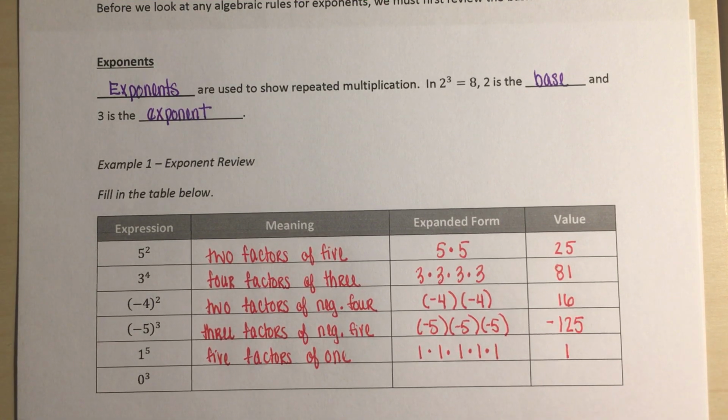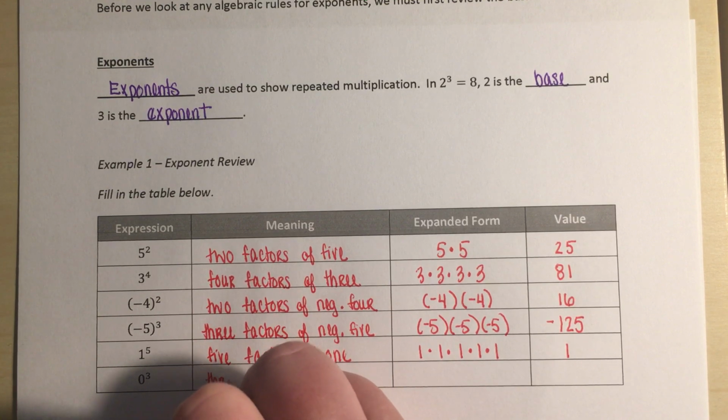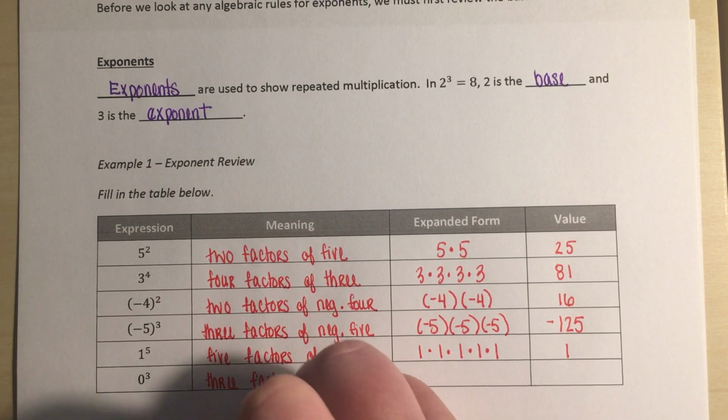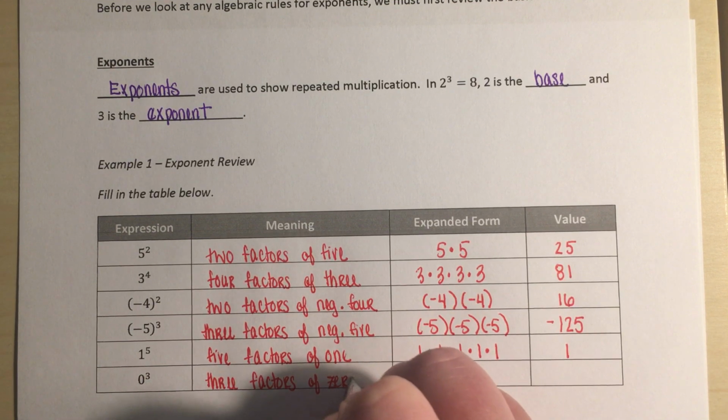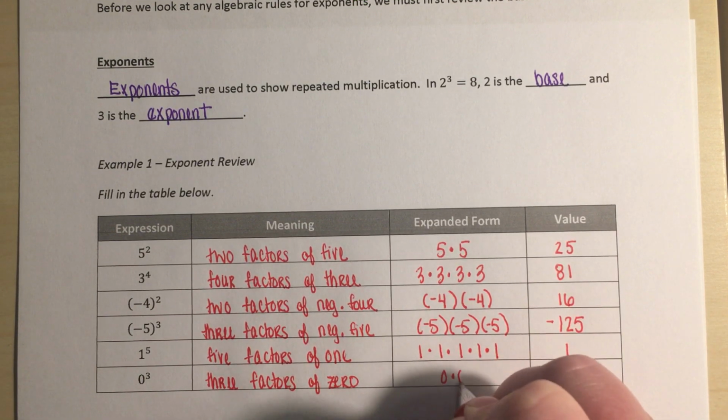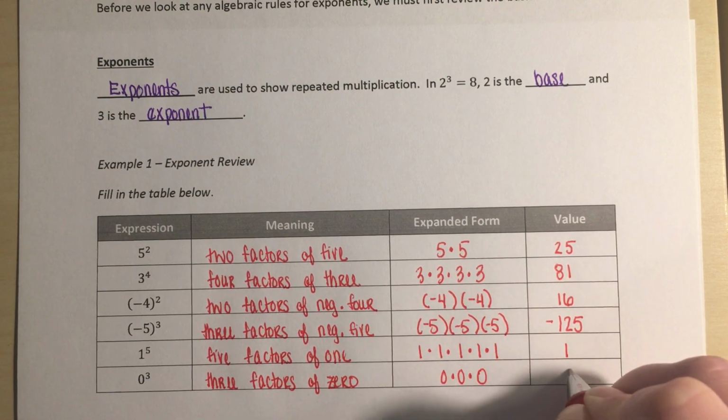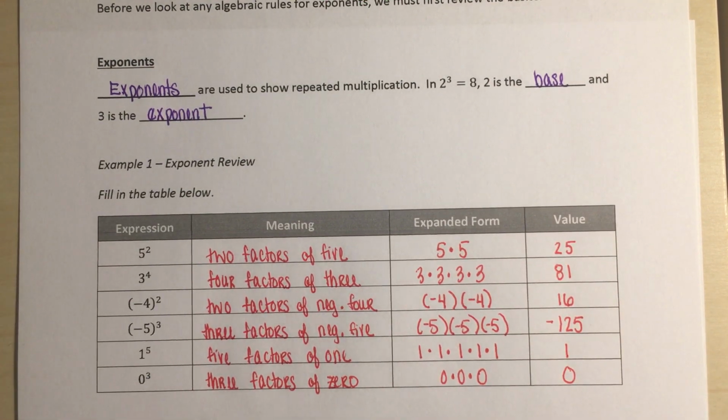Right, and then our last one here in this table, 0 cubed, means we have 3 factors of 0. So 0 times 0 times 0. 0 times itself a bunch of times is still 0. So our value, our product in this last row of this table is 0.